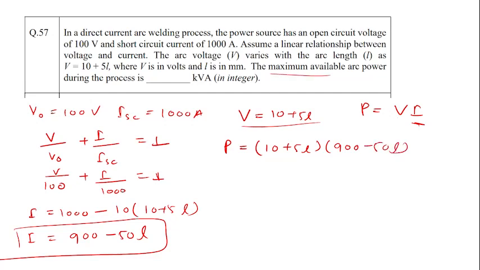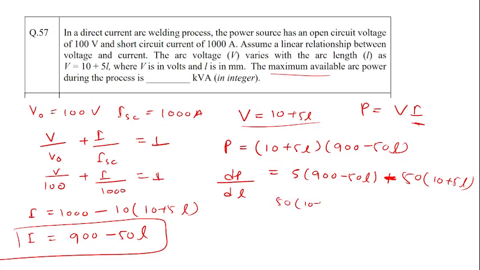So we need maximum available arc power. For that we will differentiate it with respect to L. This will be 500 minus 50L plus minus 50 into 10 plus 5L. When you solve this, 5 minus 50L, this will be 100 and your L will be 8 mm.